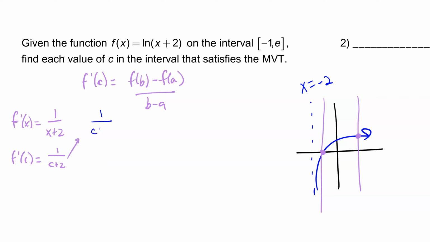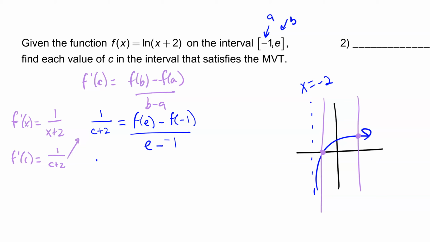I have 1 over c plus 2. What about my right side? What's my a and my b? -1 and e. So this is my a, this is my b. So I have f of e minus f of -1 over e minus -1, which is literally just e plus 1.